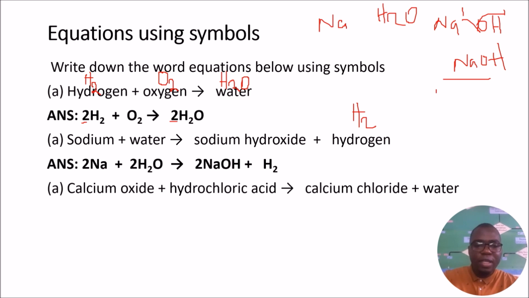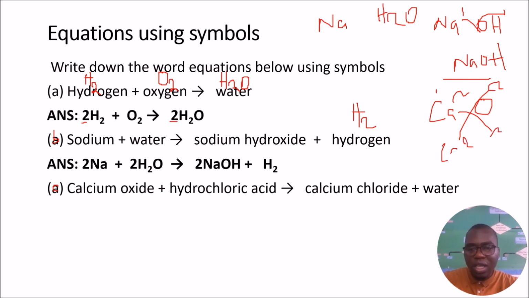Let's try this one. Okay, so this one was A, this one is B, this one is C. So this is calcium oxide plus hydrochloric acid equals that one. So again, calcium oxide, you are going to write your calcium with a valence of 2, your oxygen with a valence of 2. After swapping these two, the 2 will come there, the 2 will come there.